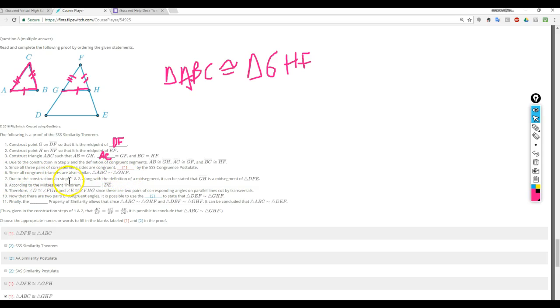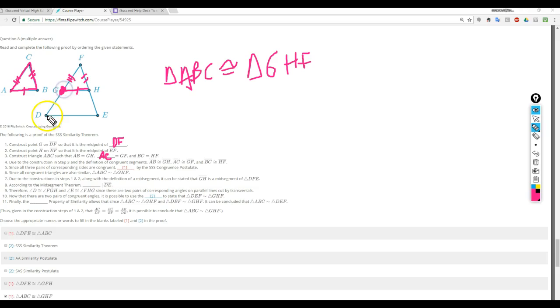Due to the constructions in steps 1 and 2, along with the definition of a midsegment, it can be stated that GH is a midsegment of triangle DFE. What was it that they constructed in step 1 and 2? What they constructed was the midpoint.